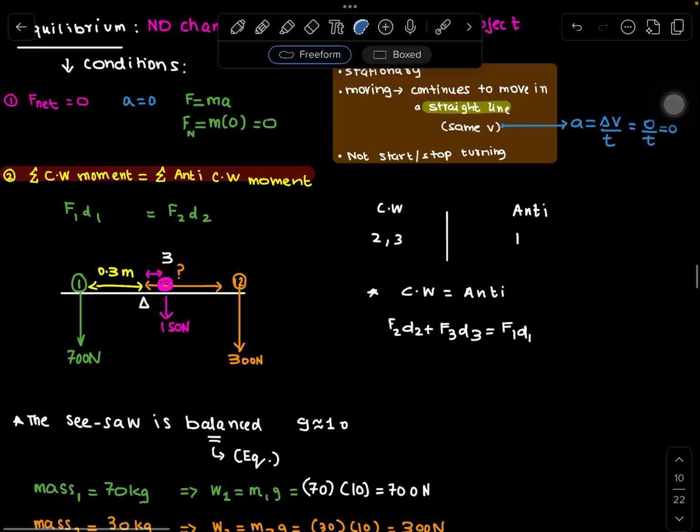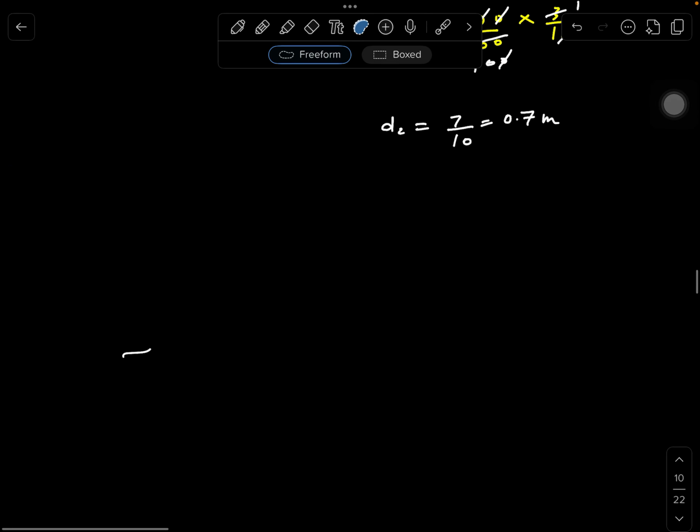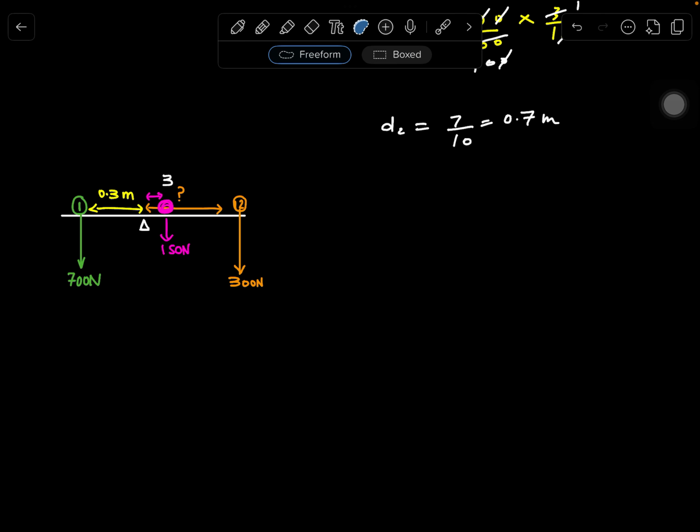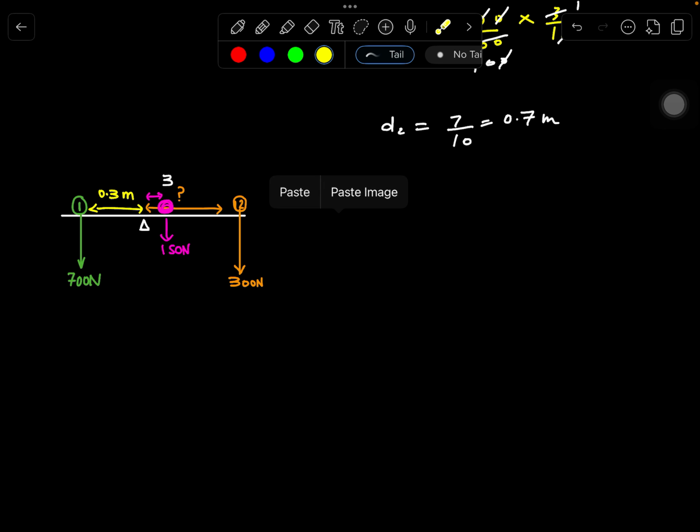I'll take this complex one now. This complex one introduces another mass, which is the pink one, and the pink one has some distance from the pivot as well.